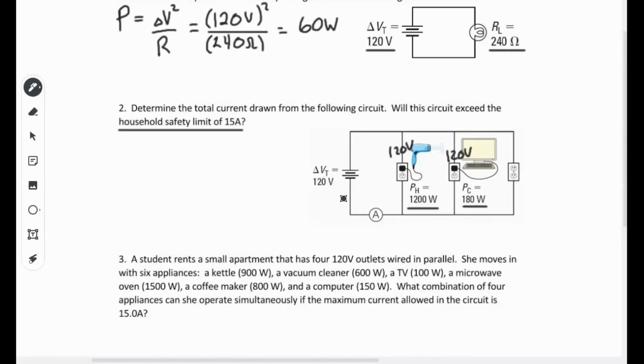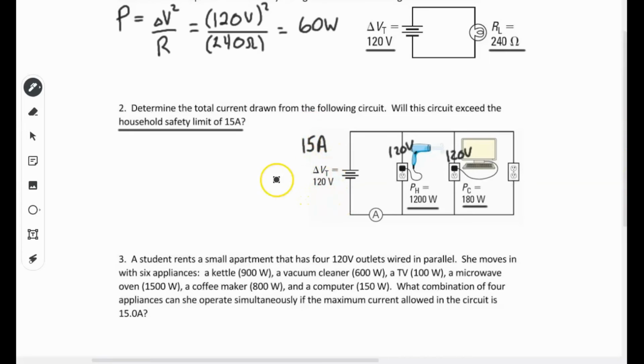But there's an easier way to do it. Since the voltage is the same here, and if you remember Kirchhoff's current law in parallel circuits, the current here plus the current here will give you the current here. So if we're not to exceed 15 amps, what we can do instead is calculate the power that we're not able to exceed.